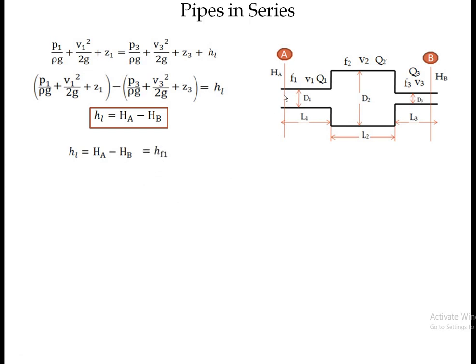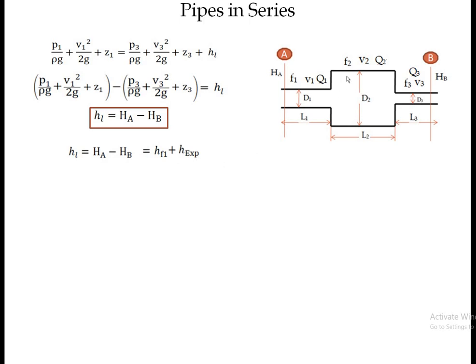When fluid flows through pipe number 1, frictional losses are there, that is HF1, the head loss due to friction in pipe 1. Again here, sudden expansion of the fluid takes place, so there is a minor loss, and that minor loss is H expansion.